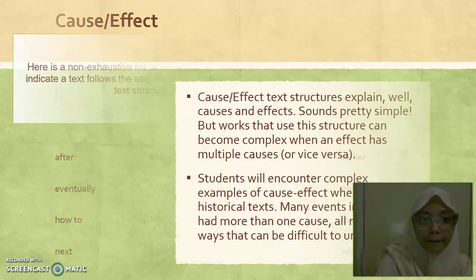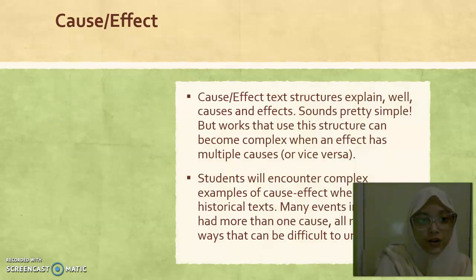The next is cause or effects. Cause or effects text structures explain causes and effects. Sounds pretty simple, but texts that use this structure can become complex when an effect has multiple causes.